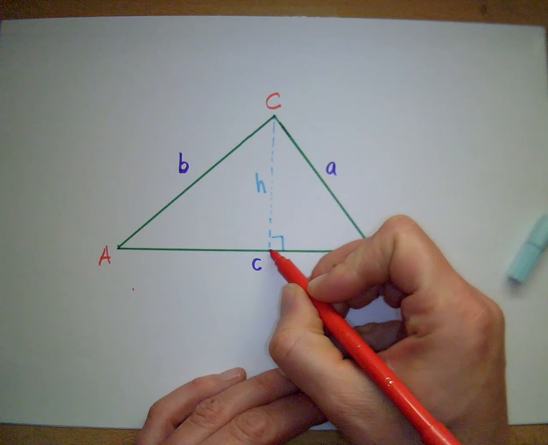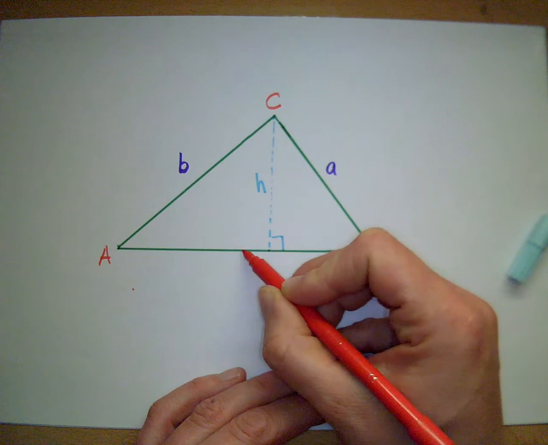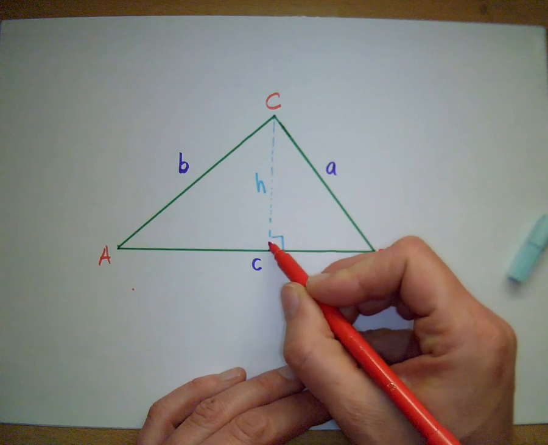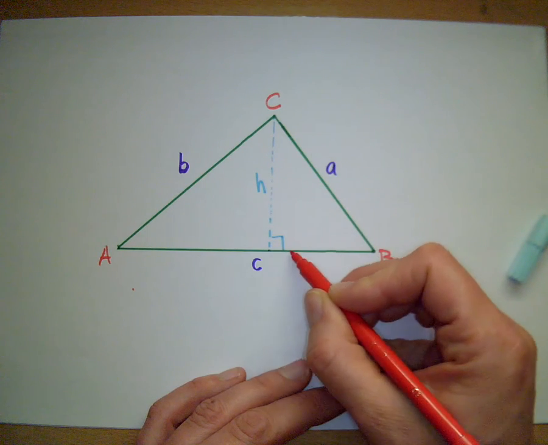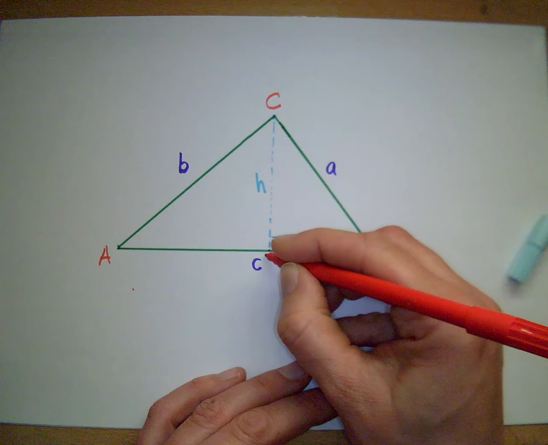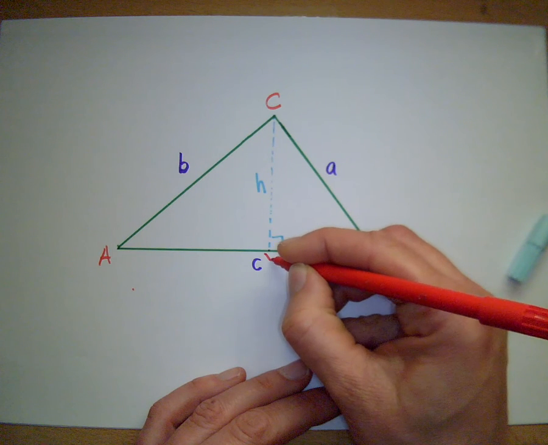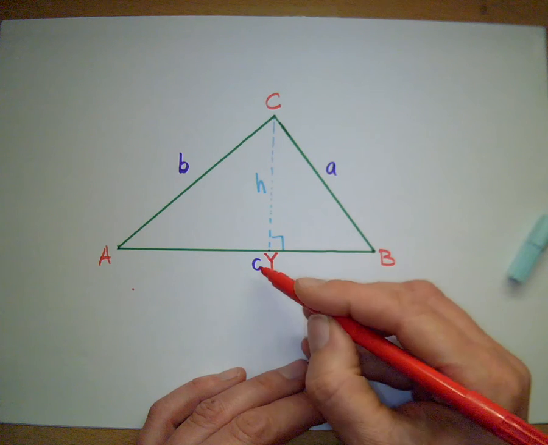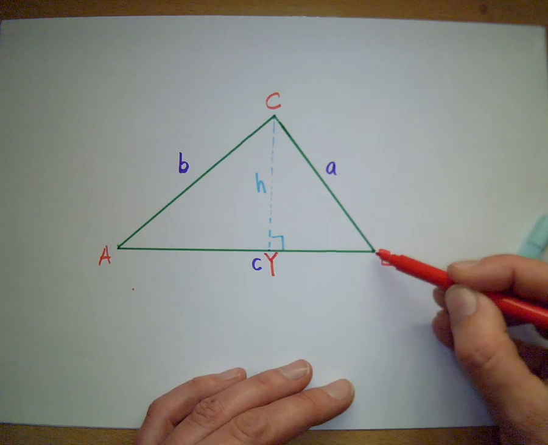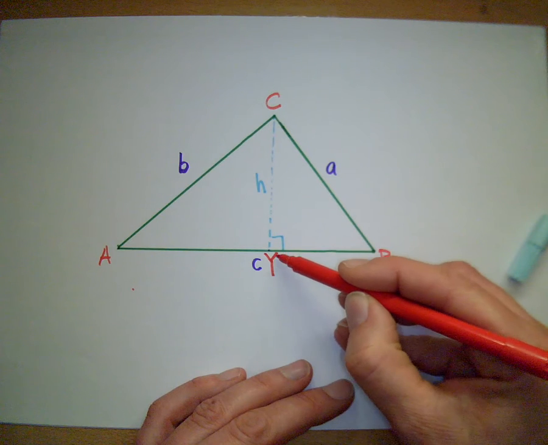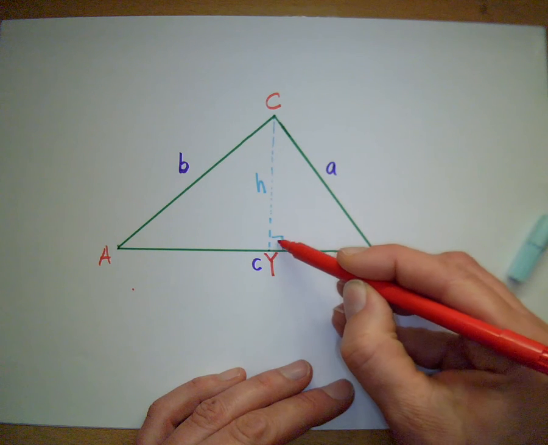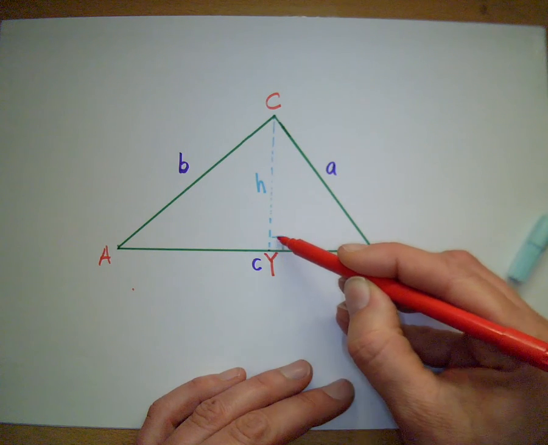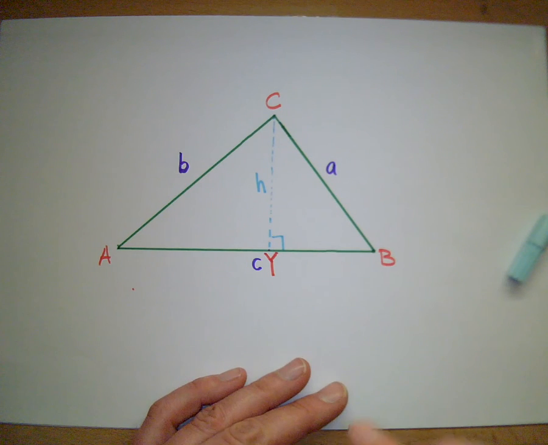This gives us one new point that we can look at as an angle. There's an angle on this side, it's a right angle. There's an angle on this side, which is a right angle. We'll call this point Y. So c is the length of this entire side. Y is this point, and actually this angle on this side or that side.